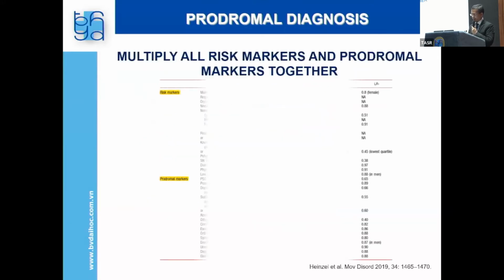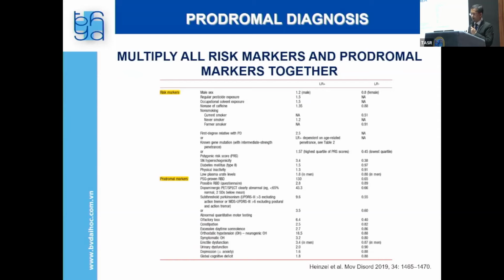And then we must look for all the risk markers and all the prodromal markers. For example, if the patient is male, the positive likelihood ratio is 1.2, and if female, the likelihood ratio is 0.8. And if the patient has a first-degree relative with Parkinson's disease, the likelihood ratio is positive 2.5.